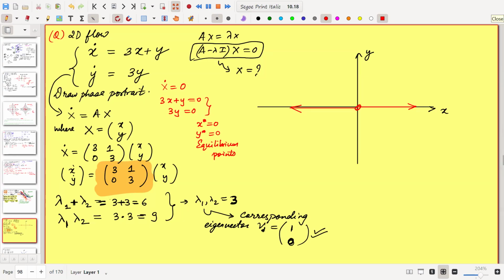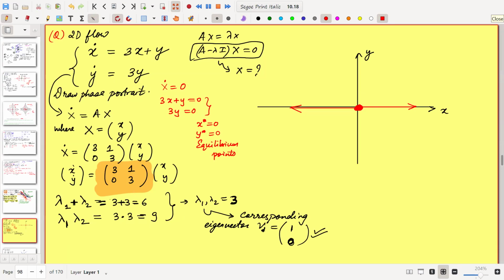So this equilibrium point is unstable. That means along this direction your vectors will diverge, I mean they will go away, right? You got the idea. This is the study so far you have made. Understood? Fine. Now my question is, what about other directions?